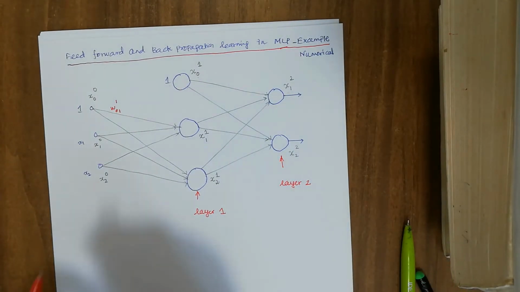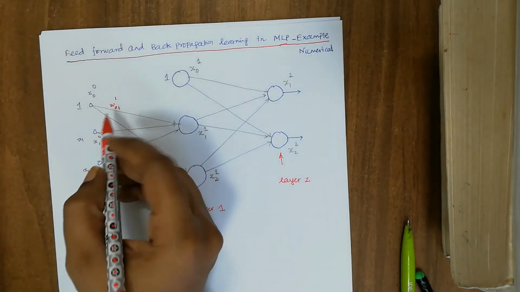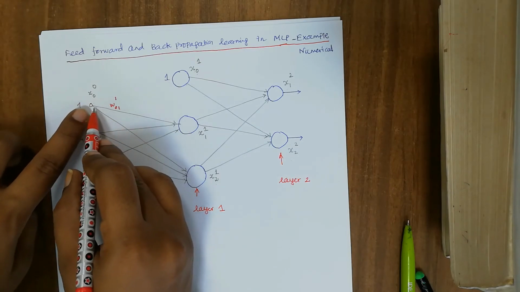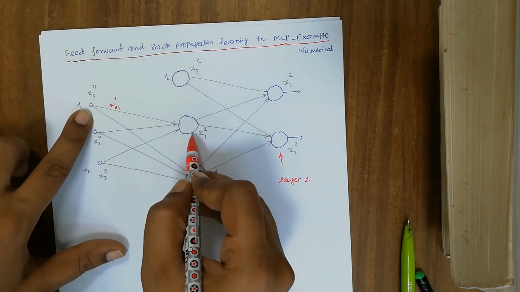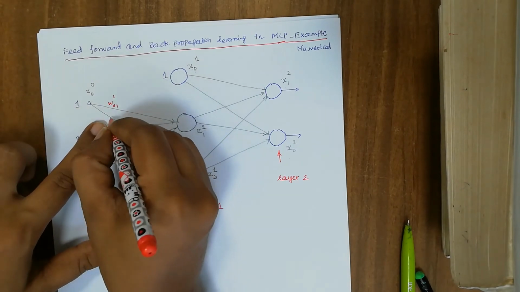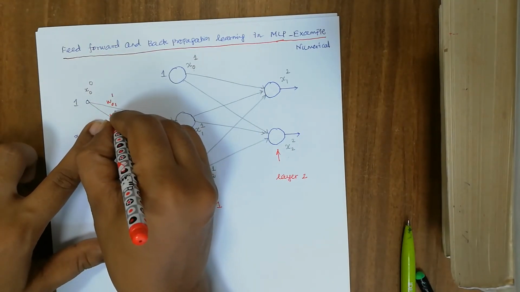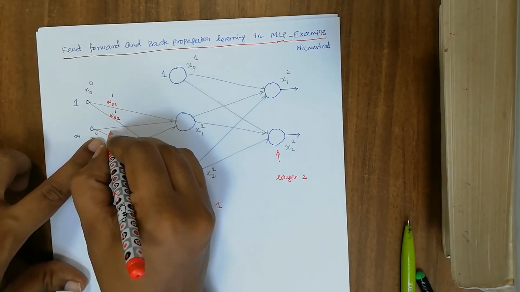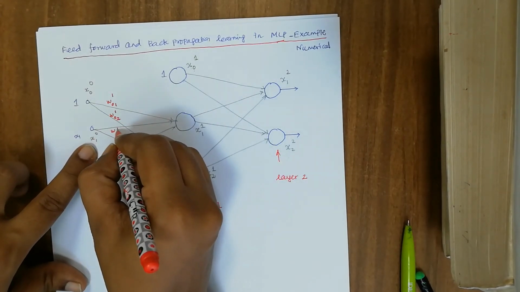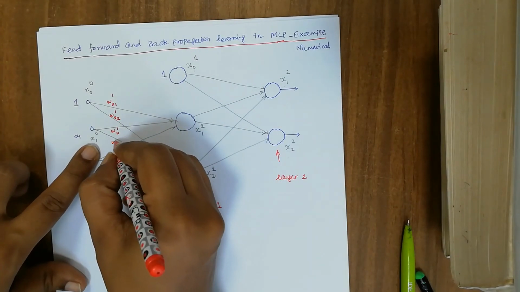Now let us denote the weights that are connecting between layers. So we can write W0 because the 0th node is getting connected to the first node in the first layer, towards the first layer. So W01. Similarly we can write this as W02 in the first layer, and this W11, so 1 1 1, and this one W12 towards which layer?